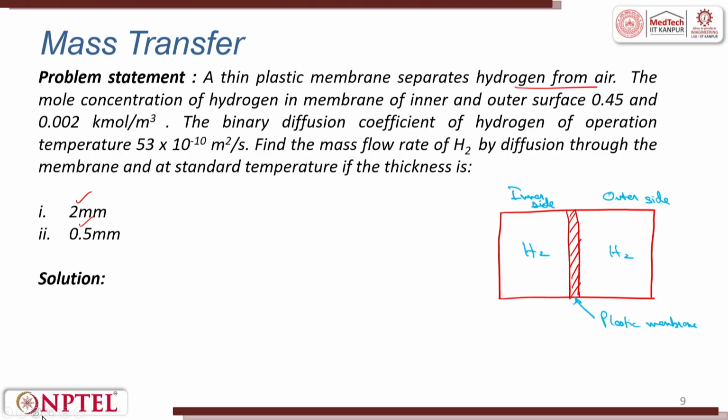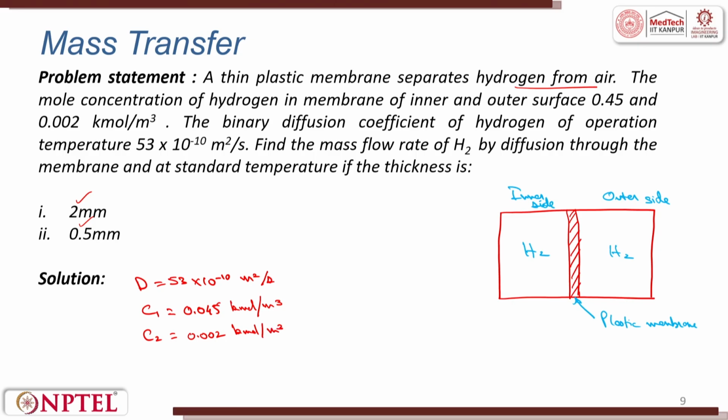What we are given here is the value of D, that is the diffusion coefficient, as 53 into 10 raised to the power minus 10 meters square per second, and C1 and C2, which are the concentrations on the two sides of the membrane, which is 0.045 kilomole per meter cube and 0.002 kilomole per meter cube.